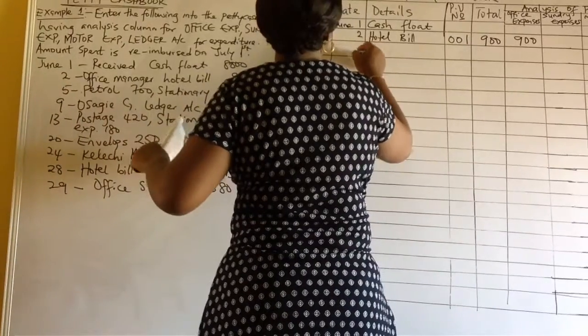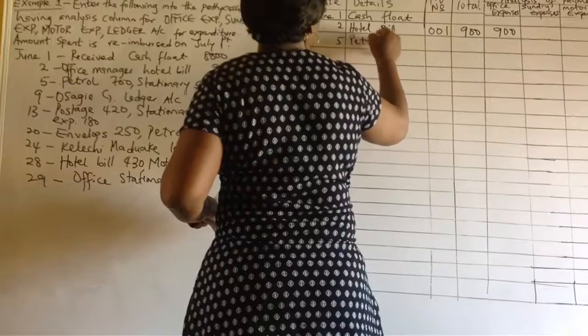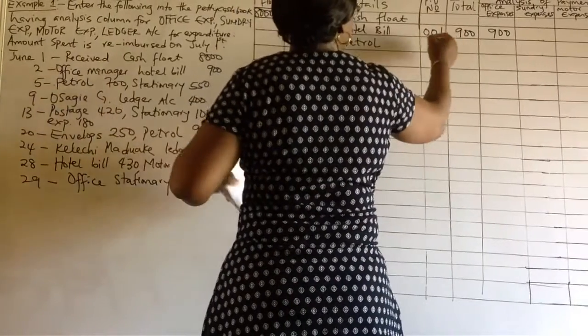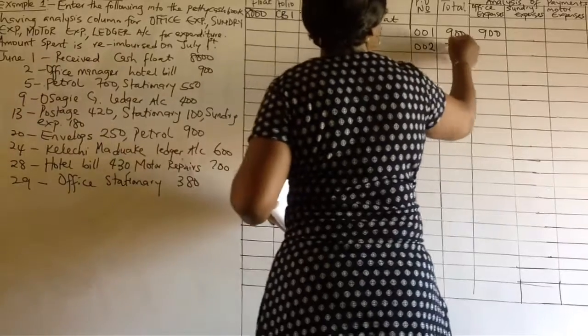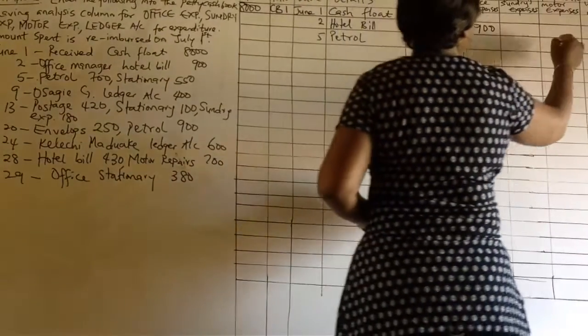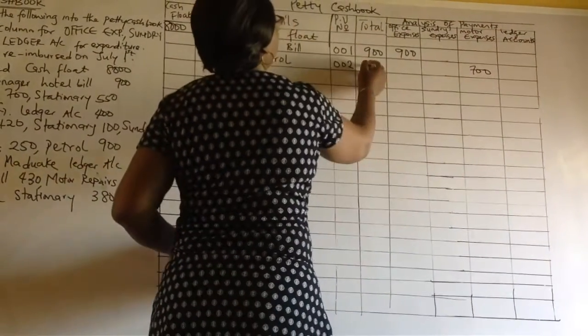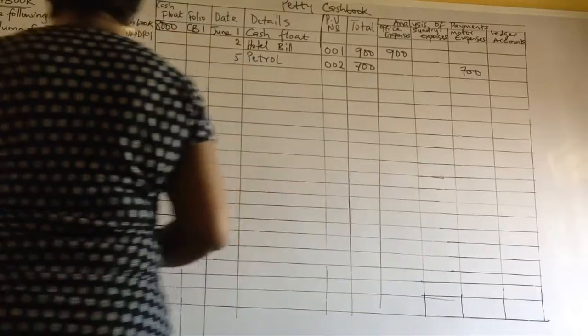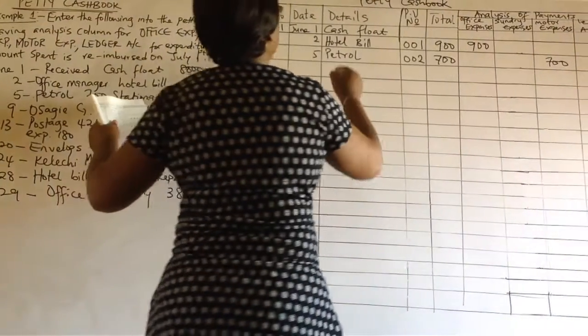The third one is on the 5th. Petrol. You generate another PV number, number 2. The amount is 700 naira. Petrol will come under motor expenses, 700 naira. Now you have the same on the 5th, stationery.